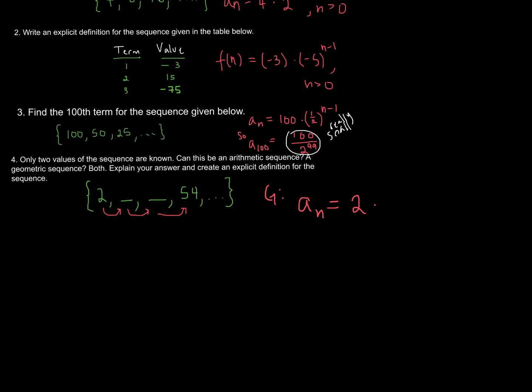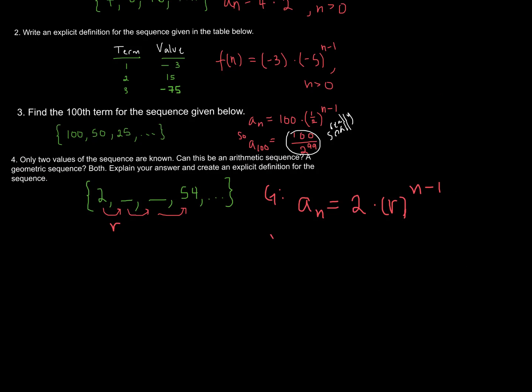We don't know that, right? This would be our r value. And in this case, it'd be raised to the n minus 1 power, right? Because for my first term, when n is 1, I want this to be 0, so this will be multiplying by 1.